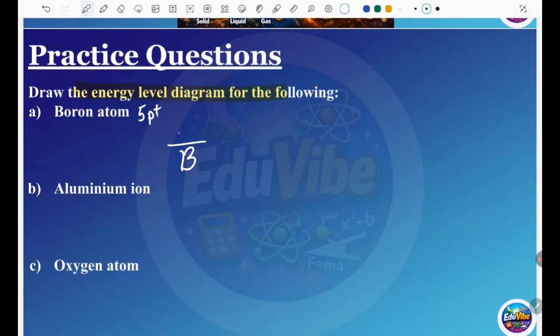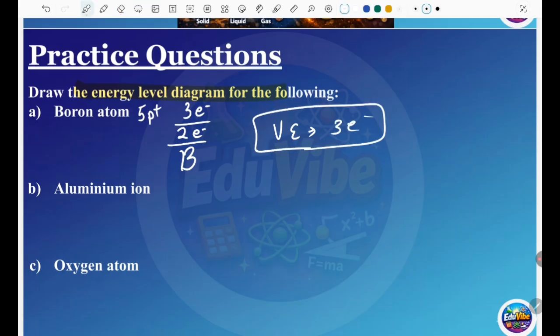The first energy level holds only two, then the second level can hold more, but we have only three left, so we put only three. So in the valence shell, boron has only three electrons. That's how the boron atom works.